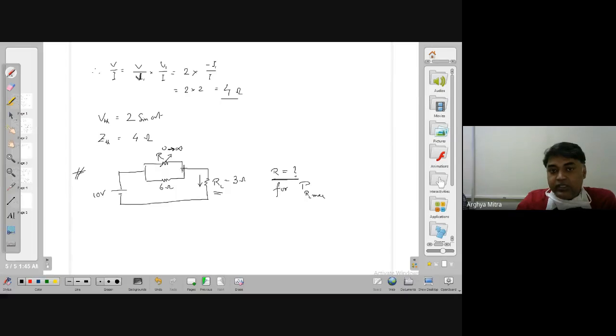If it is short circuit, then it will short circuit this 6 ohm also. Then this circuit is left with only RL, and that will give you the maximum value of the current flowing through the RL. And when we have a maximum current, then you must have a maximum power at the RL. So this problem actually has nothing to do with the maximum power transfer theorem condition.